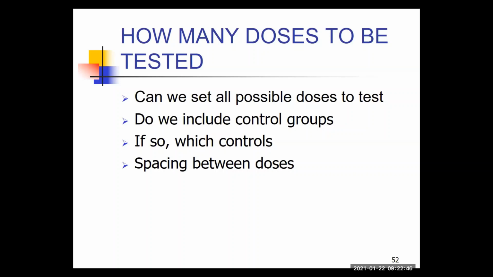In other words, each number is the sum of the 2 prior numbers, right? That's the Fibonacci series. Or you can use a modified Fibonacci series. In other words, you want a wide range of doses so that your spacing would be reasonable.